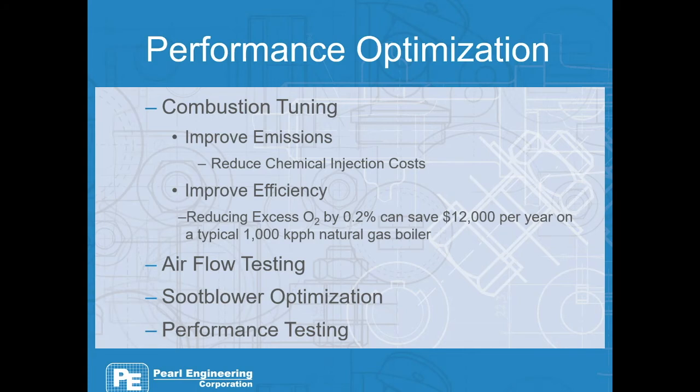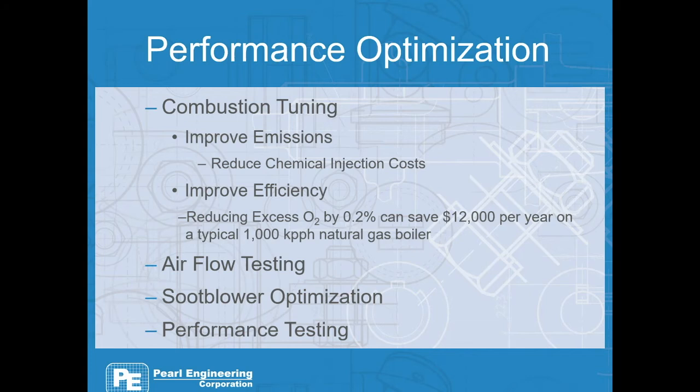It's important to stay on top of the performance of your boiler. Combustion tuning can mean different things to different people. It'll help improve your emissions and improve your efficiency. If you reduce your excess O2 by 0.2%, it's not that much if you have an automated system that trims on O2.